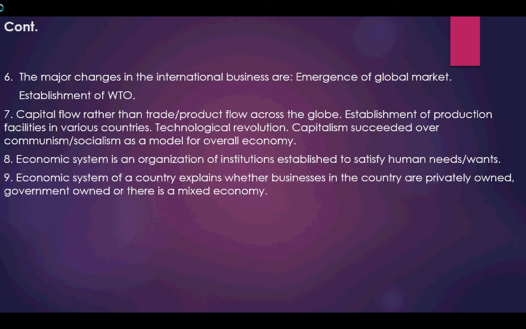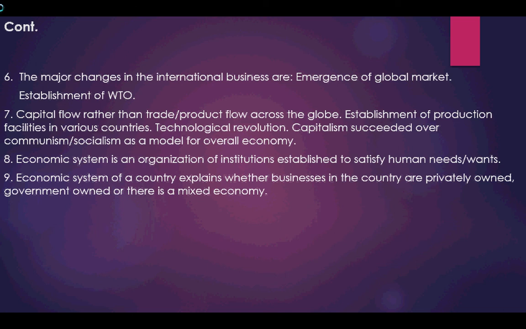So now, in this technological era, not only are products flowing from one country to another, the capital is flowing too. Establishment of production facilities in various countries, technological revolution, capitalism succeeded over communism, socialism as a model for overall economy.